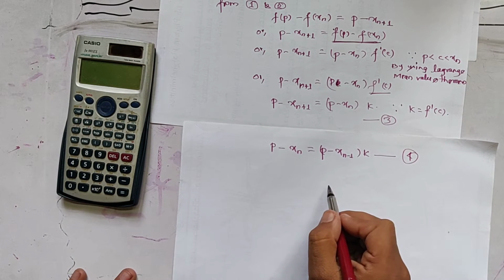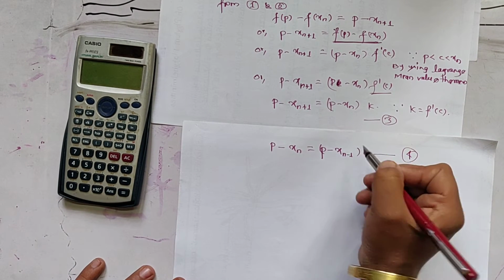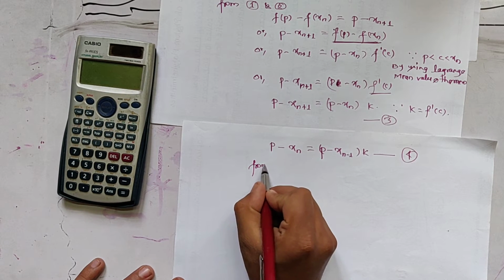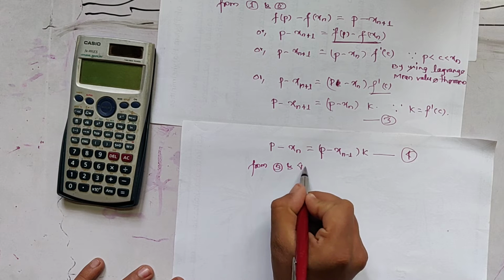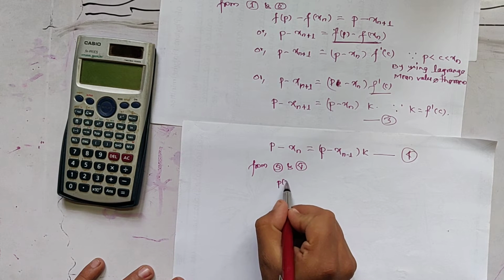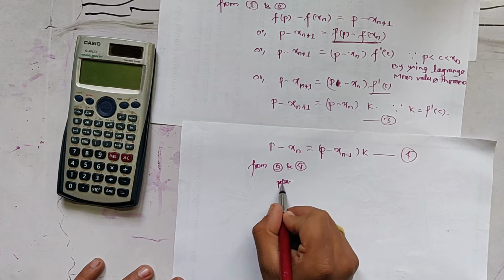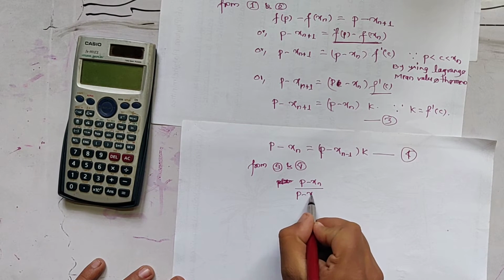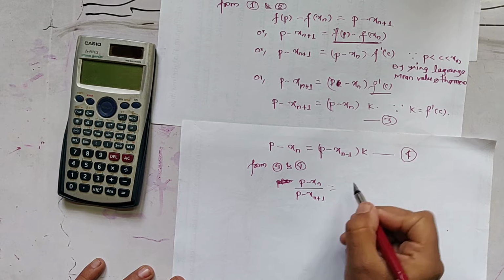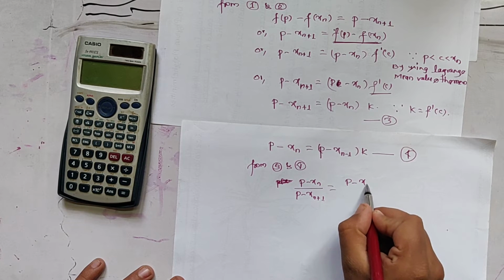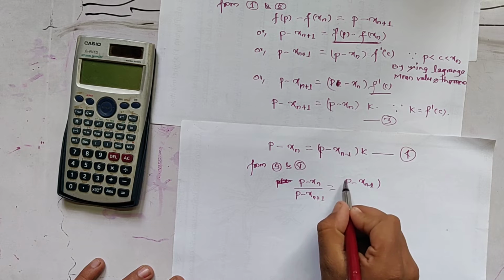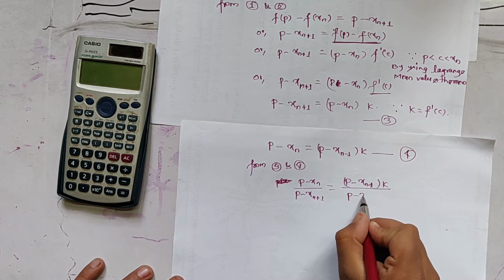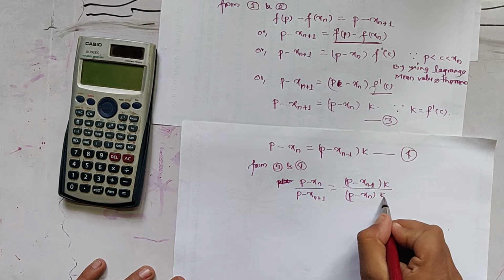So we divide equation 4 by equation 3, and from 3 and 4 we get p minus xn by p minus xn plus 1 is equal to p minus xn minus 1 multiplied by k divided by p minus xn multiplied by k.